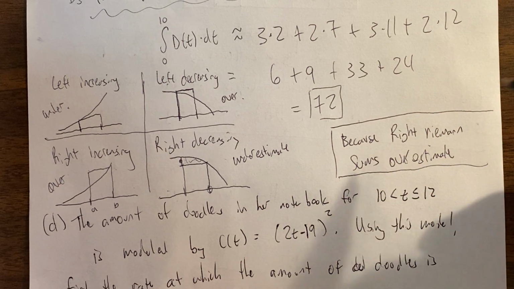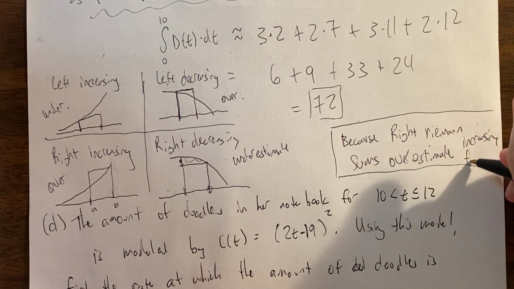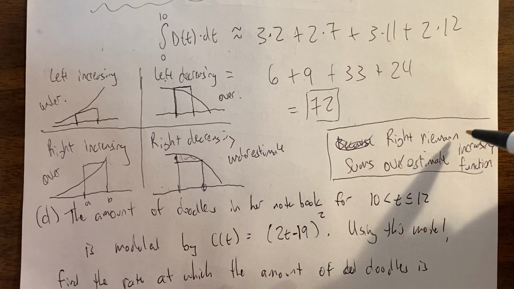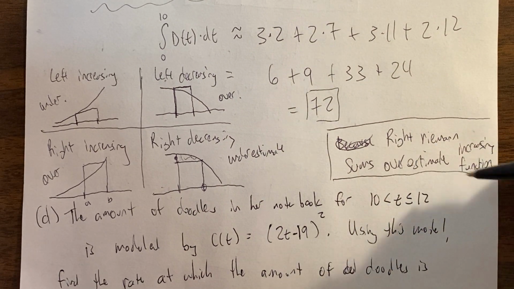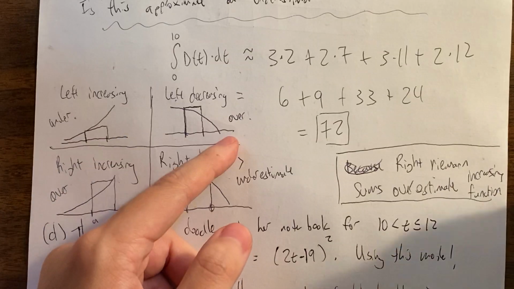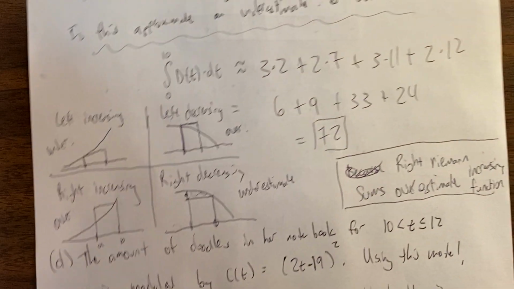And that's just my justification if I needed to. Looks like I did not need this, so I'll just mark it out. But right Riemann sums overestimate increasing functions. For example, left Riemann sums overestimate decreasing functions. Again, it's one of these 4 cases. So hopefully that makes sense.